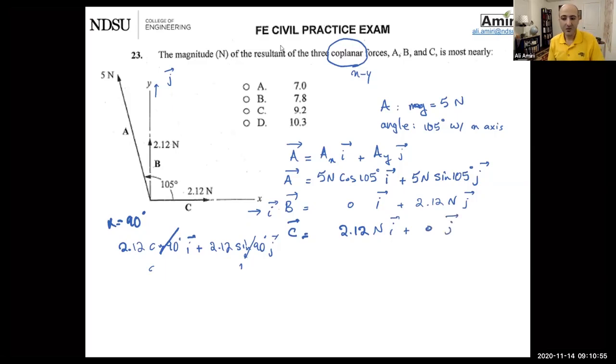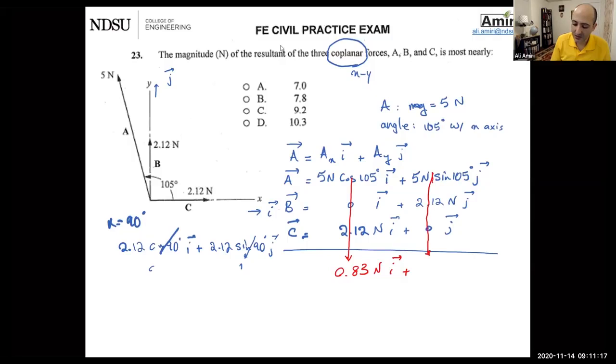Once I have the vectors written this way, all I have to do is add all the i's together. So add all these three here, which I've already done the math for you guys. 0.83. Don't forget the I. And add all the j's here, which is going to be 6.95.